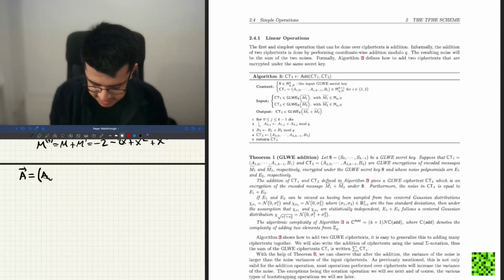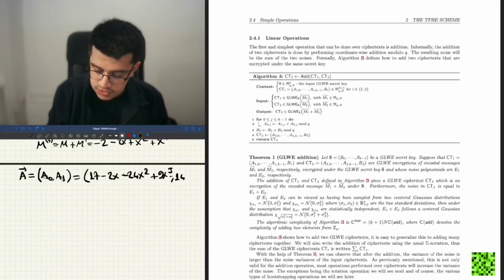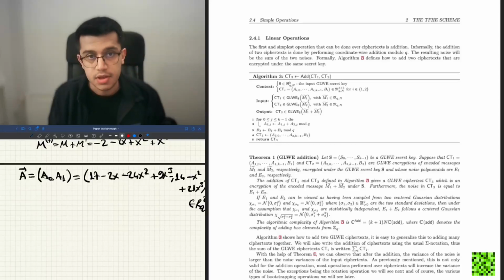So we're gonna have a0 and a1, obviously, and let's set them to 17 minus 2x minus 24x squared plus 9x cubed, comma, minus 14 minus x squared plus 21x cubed, which is an element of RQ squared, obviously.